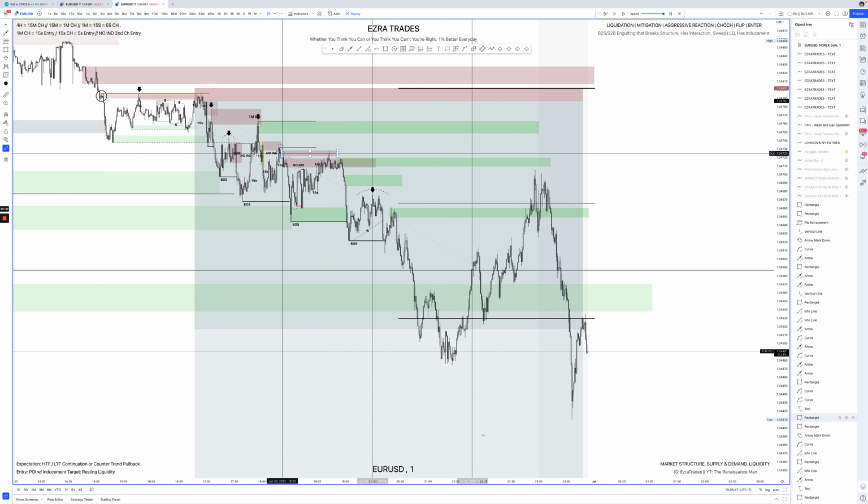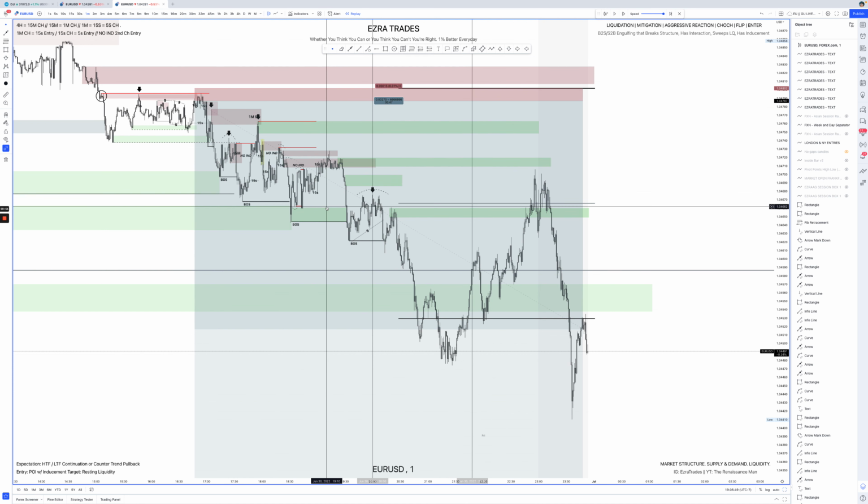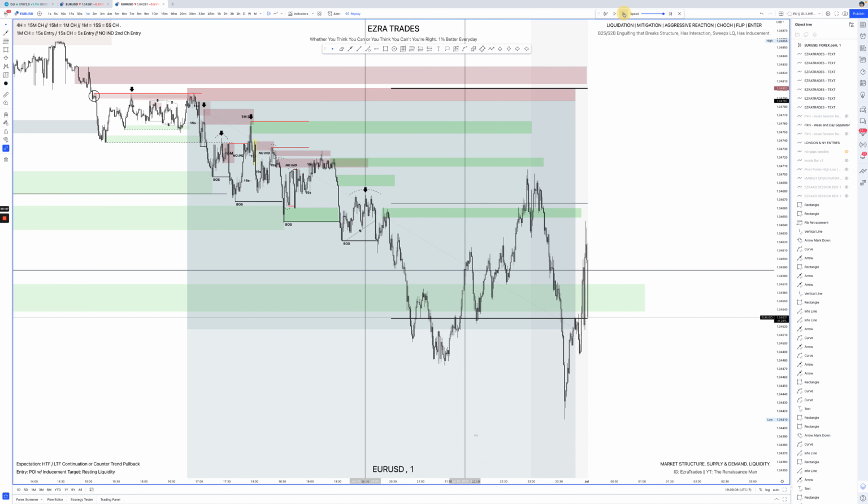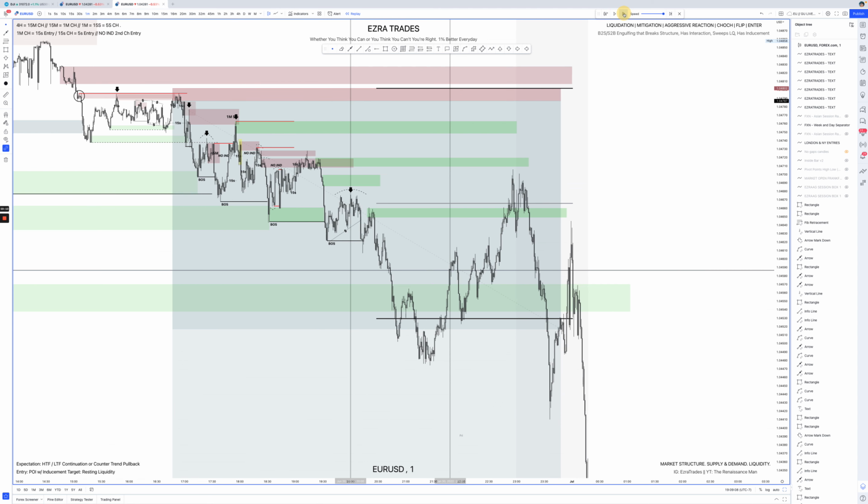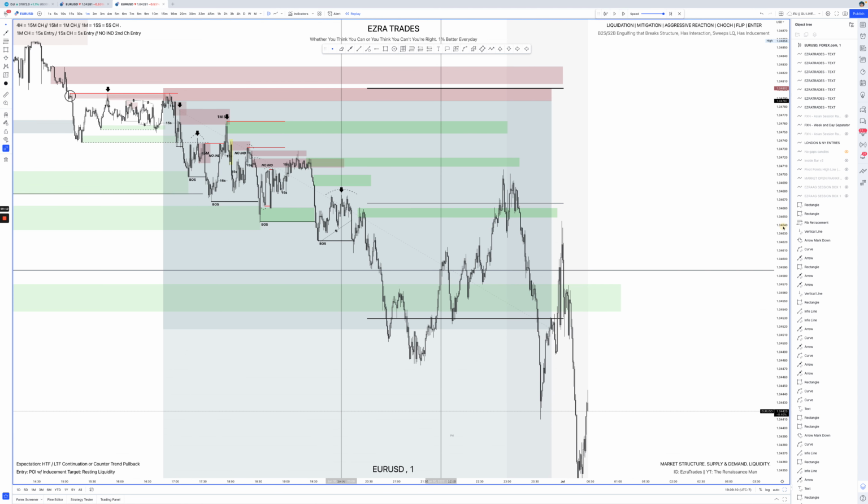So you can see that the Asian session bias shorts ruled until about 1 hour prior to Frankfurt. And then after that, we had the pullback during Frankfurt, and London created continuation. So let's overall just watch to see what happens as price goes lower and hits the overall target.